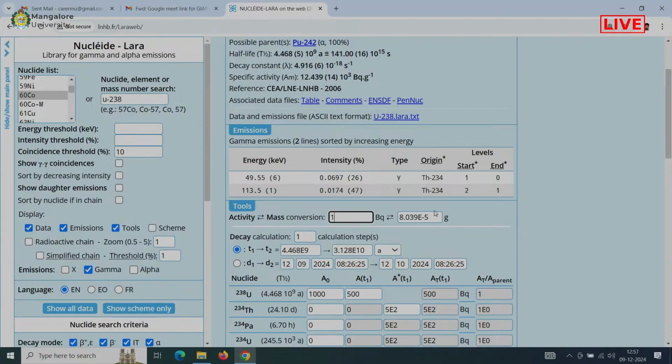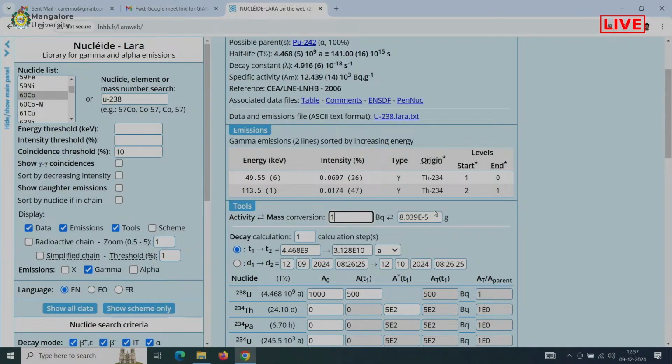So if you need relevant nuclear data, please use this application. And if you are using some other libraries, please compare your libraries to this information. Can I calculate mass to activity from here? Sorry?